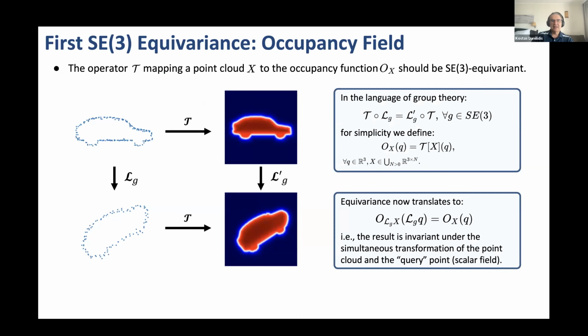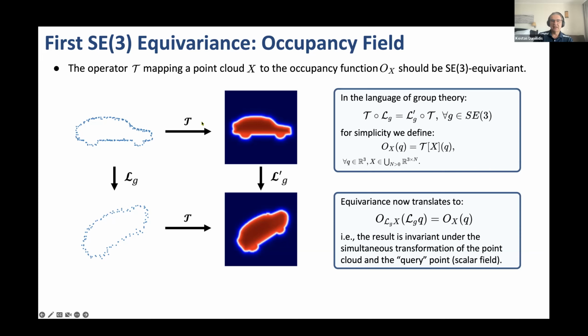So let me start with what is an equivariant occupancy field. An equivariant occupancy field satisfies a commutation relation, and we are going to call this the decoder in our case. If we have an occupancy network, which is usually a coordinate-based network, and we transform the point cloud, we want also the occupancy function to be transformed accordingly.